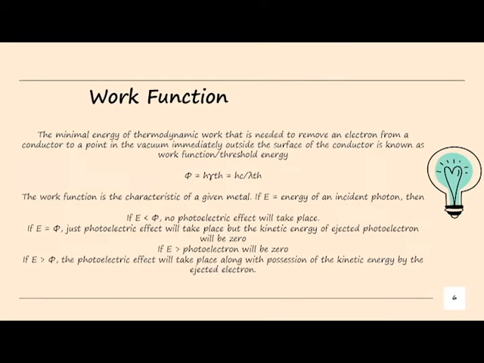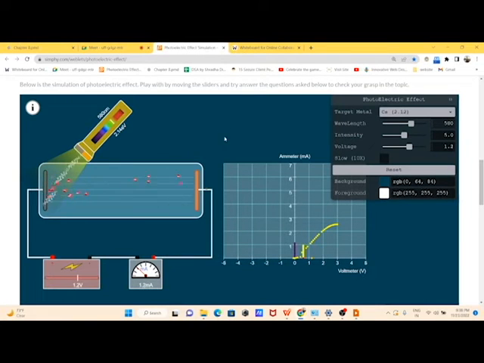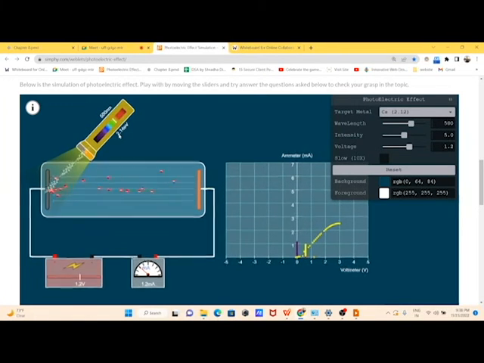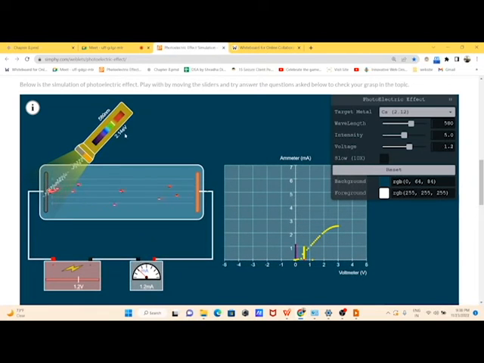It is the minimum energy required. Here you see for 580, how much is the energy? 2.14 electron volt, right? And for cesium it is 2.12. The work function of cesium is 2.12. So this is the minimum amount of energy.